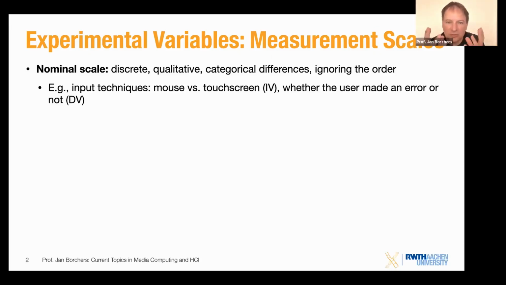There's no sense of ordering these two different values for your variable input technique. So your independent variable would be the kind of input technique that the user is using, and the values for this, or treatments, sometimes we say in statistics, would be mouse and touchscreen. And since they have no ordering relation, and you can't measure how much is the difference between mouse and touchscreen, that's not a useful scale.